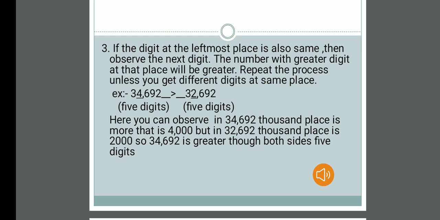You can observe here at the 10,000 place both are 3 and 3. But it is differing in the 1000 place. In the first number at the 1000 place 4 is there, but in the second number 2 is there. So automatically 34,692 is greater. That is, you have to go on comparing from left to right each digit. Whichever digit is more, that number will be more.